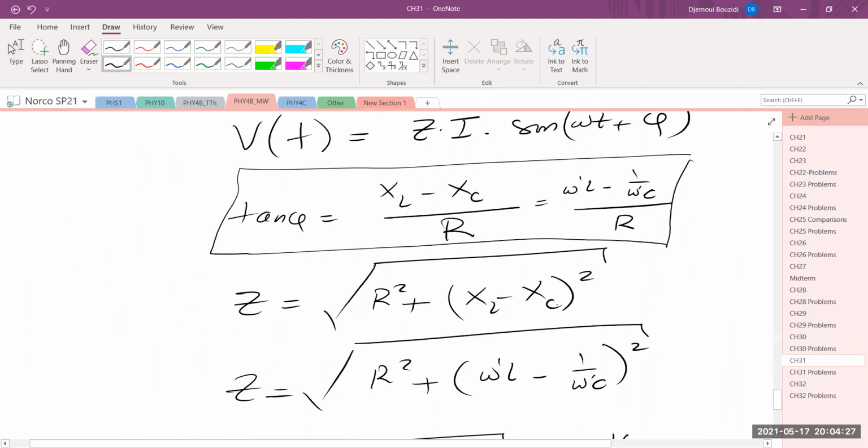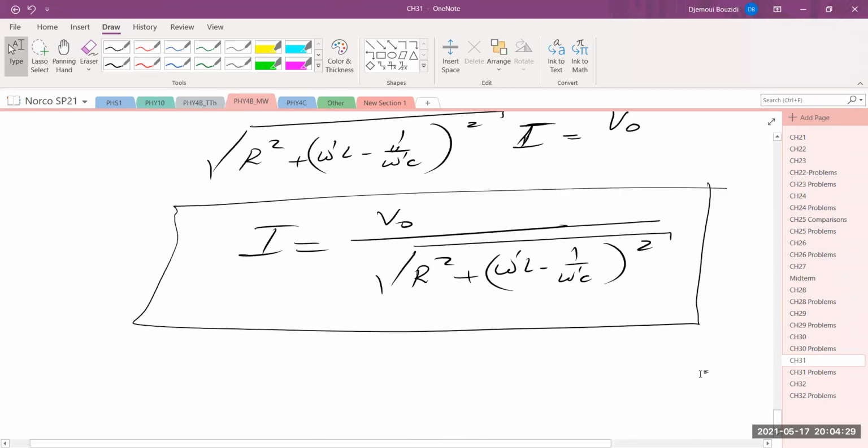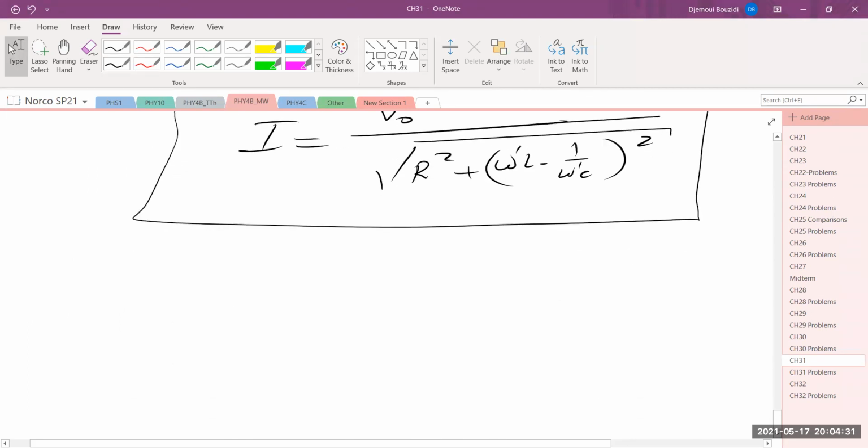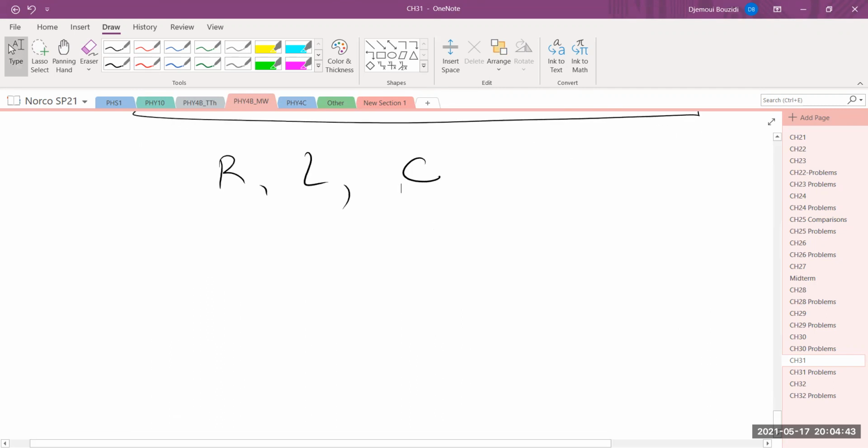Okay, so let's see how we're going to do circuits now, based on these ideas. If you're given a complicated circuit that has a resistor in it, not necessarily in parallel, things like it has an inductor and it has a capacitor, and they give you an external frequency, let's say omega prime, the first thing you do in here is change every single component. You change a resistor to a black box called XR, which is just R in this case.